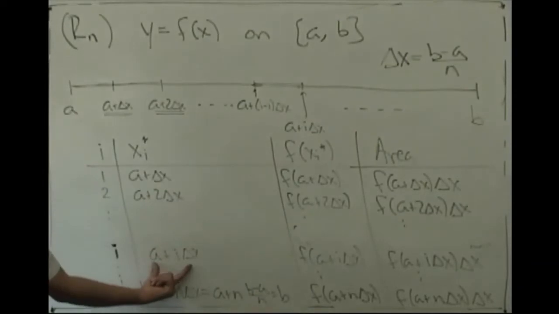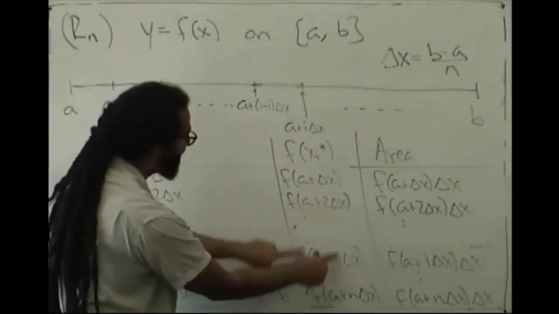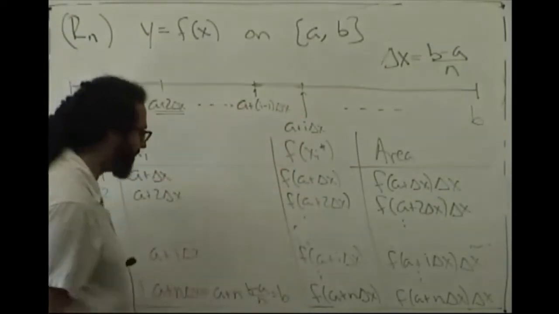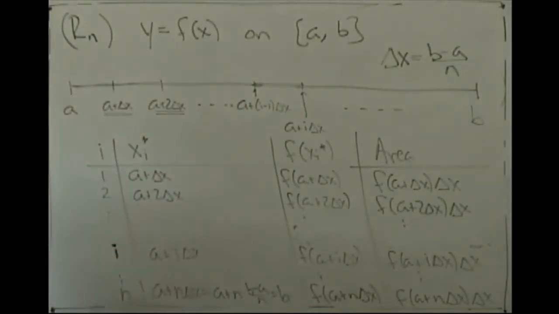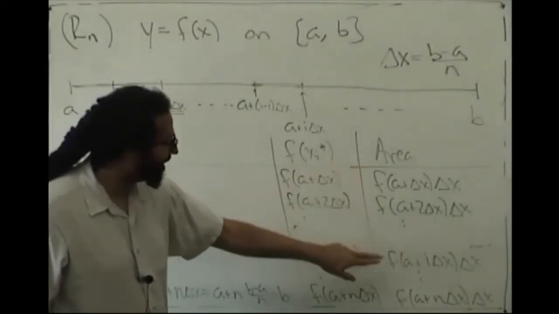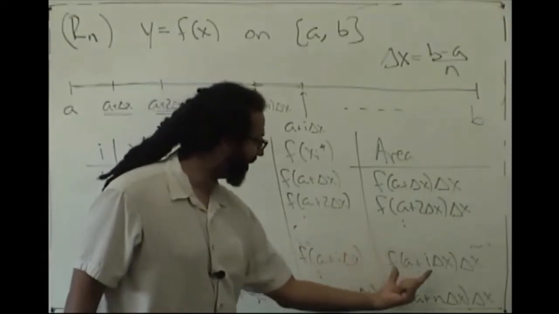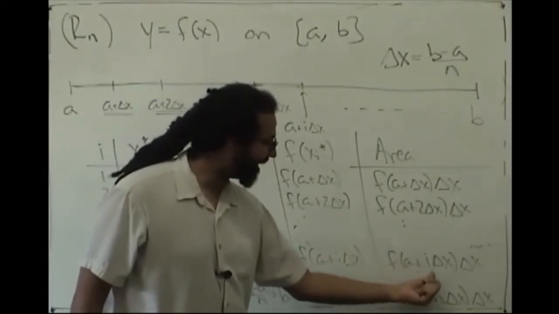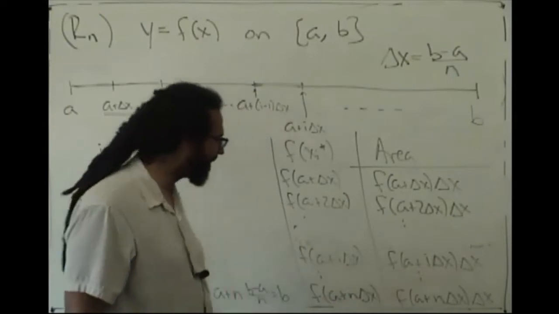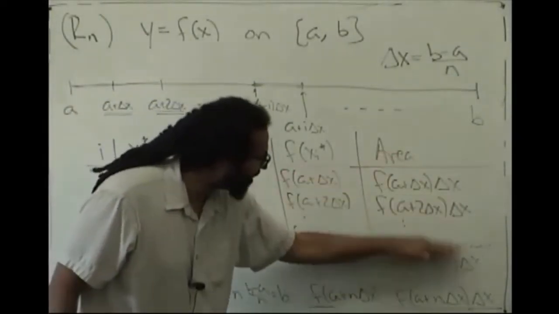So you just take this and plug it into the function. This is going to be the height of the ith rectangle, and so on and so forth. So now, in general, the area of the ith rectangle, using the right endpoint, is f of a plus i delta x times delta x. And so now we just want to add all these things up.